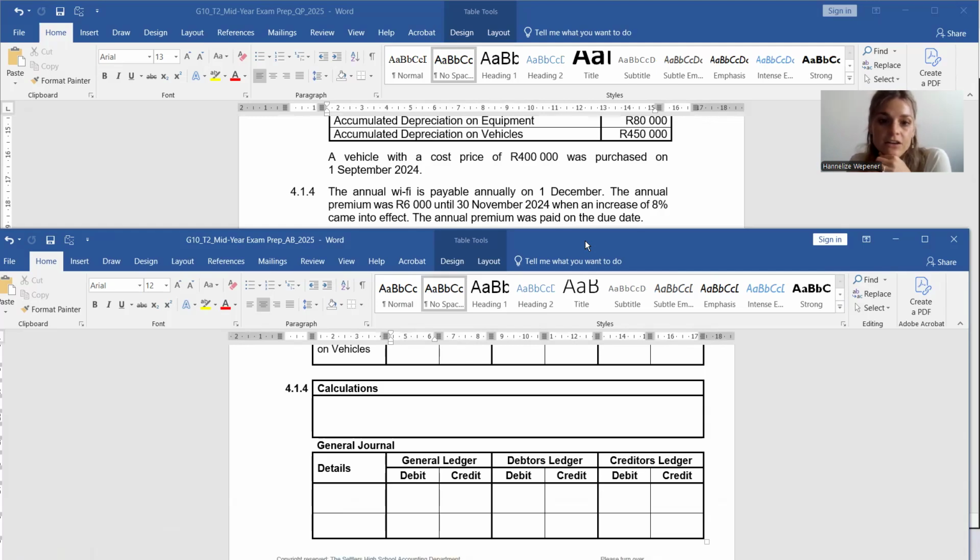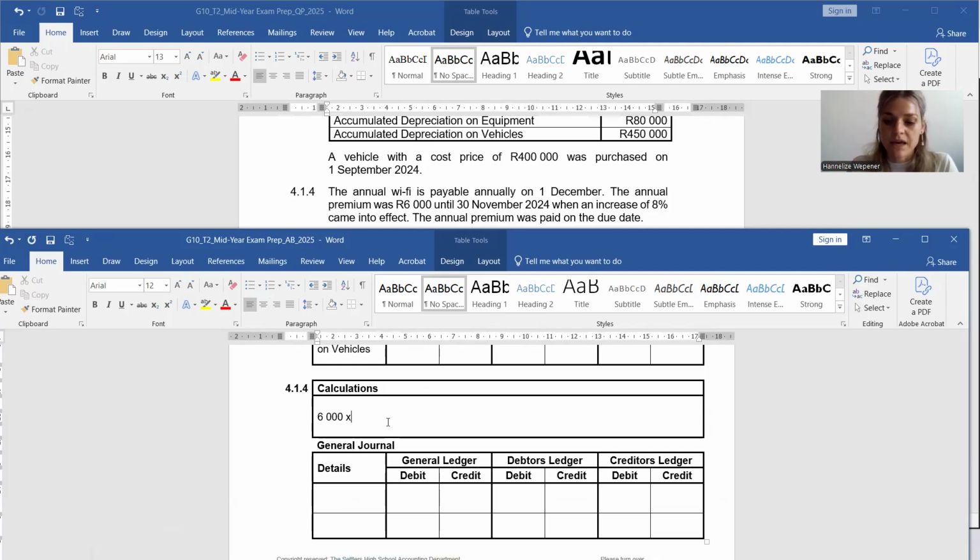It says here that the annual premium was 6,000 Rand until 30 November 2024. In other words, for April, May, June, July, August, September, October, November. For 8 months in your current financial year, it was 6,000.